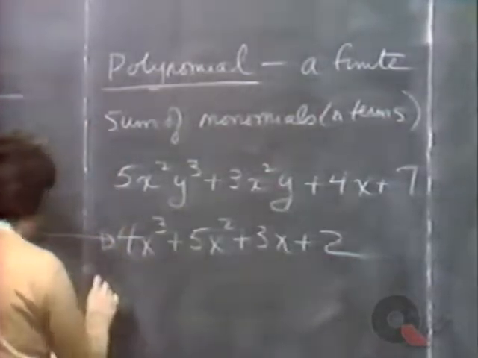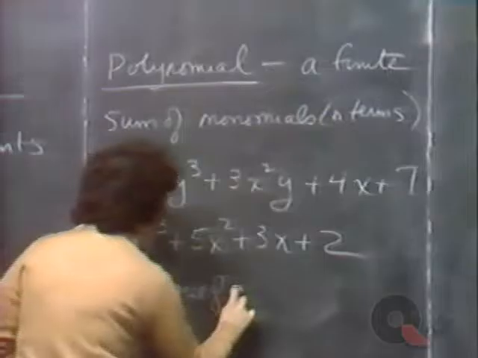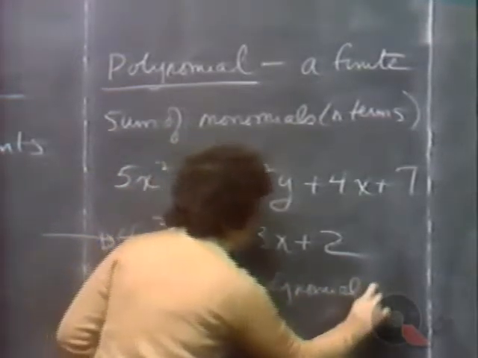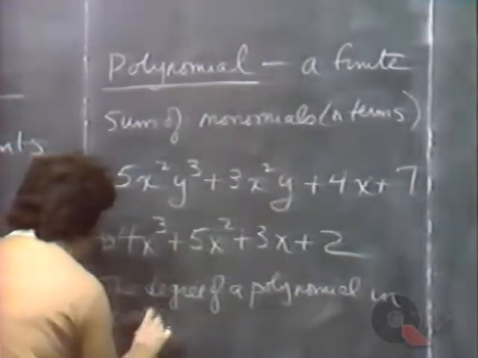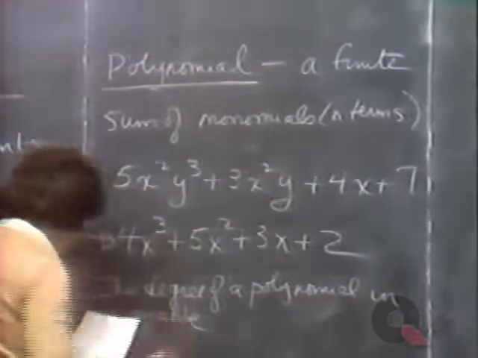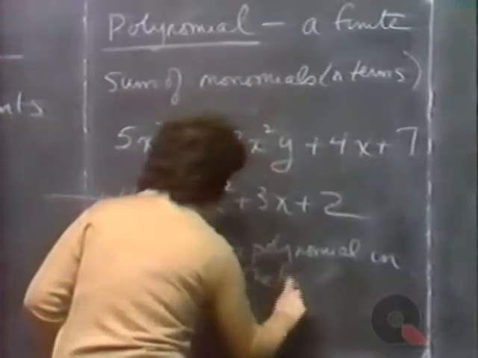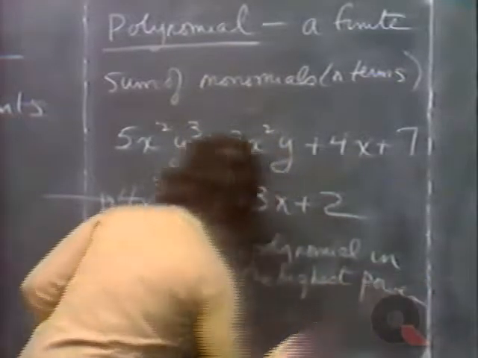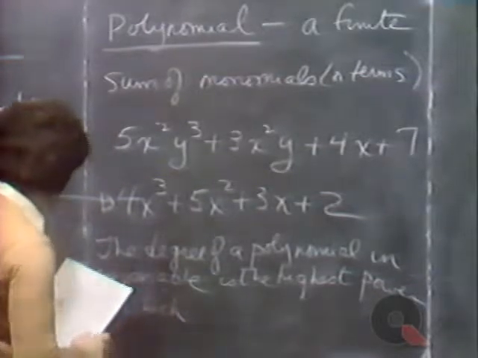The degree of a polynomial in one variable is the highest power to which the variable is raised.